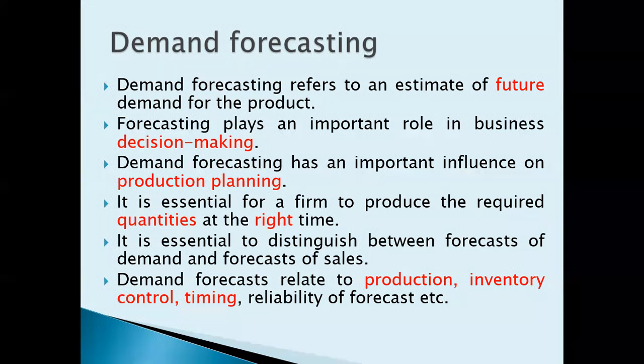Demand का forecasting और सेल का फोरकास्टिंग करने के लिए मुझे क्या करना है? डिमांड फोरकास्टिंग करना बहुत जरूरी है. देन डिमांड फोरकास्ट रिलेट टू द प्रोडक्शन, इन्वेंटरी कंट्रोल, टाइमिंग एंड रिलायबिलिटी ऑफ द फोरकास्ट. डिमांड फोरकास्ट किससे रिलेटेड है? प्रोडक्शन सिस्टम से रिलेशन है उसका, इन्वेंट्री के ऊपर उसका रिलेशन है, देन टाइमिंग्स: when to deliver my product into the market, what is the right time to deliver product into the market, what is the right time of production, what is the right time of your sale, and reliability of forecast means how reliable this forecast is. So this is something about demand forecasting.